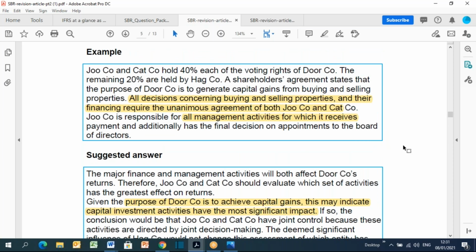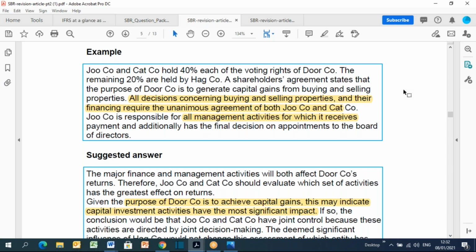Part 2 of the revision article written by the SBR team gives an example of two companies that each hold a 40 percent shareholding of the voting rights of a third company, called Dwar, and the remaining 20 percent is held by a different company. It says the company generates gains from buying and selling properties. One company is responsible for all management activities, for which it receives payment, and additionally has the final decision on appointments to the board of directors.